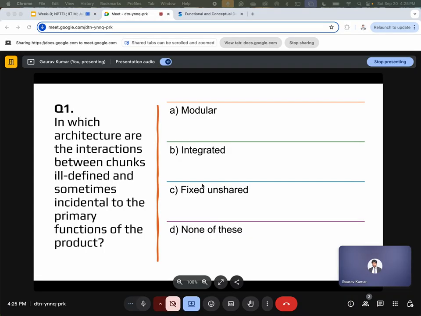Is it integrated? Or is it fixed, unsaid, or none of the above? What is the right answer? Please pause your video and try to solve the problem, and then I will also provide you the explanation part.